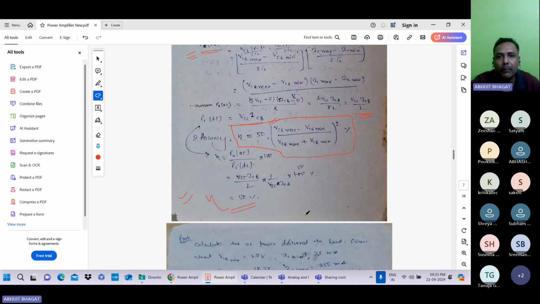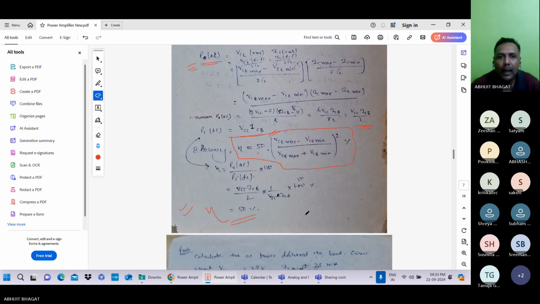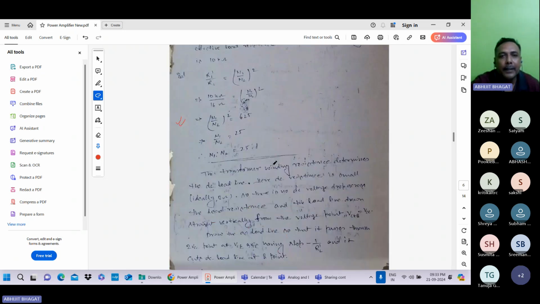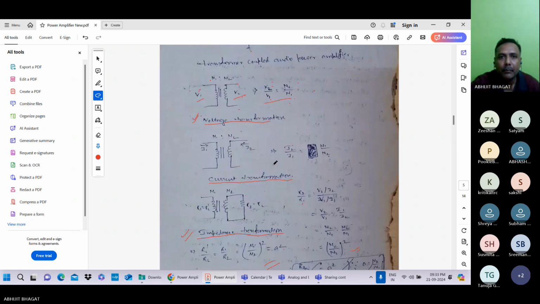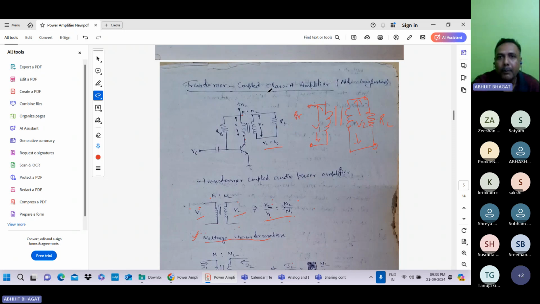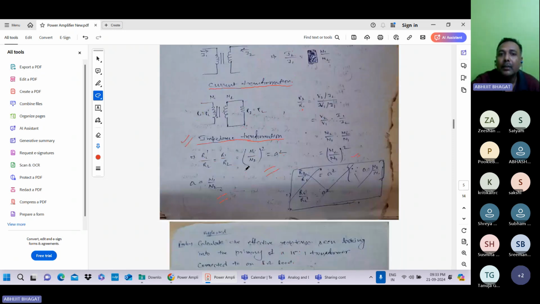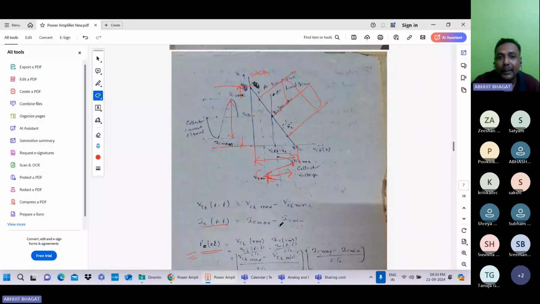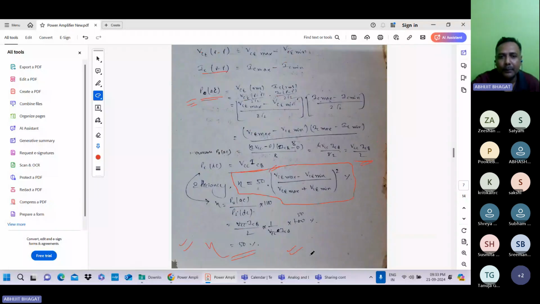Next, one problem from this topic. Up to this, okay? I will share you the notes. As I discussed in the class, from this topic, what type of question you will get? You will get the explanation about the transformer coupled class A power amplifier, its circuit diagram, its waveform, input output waveform, and efficiency calculation.